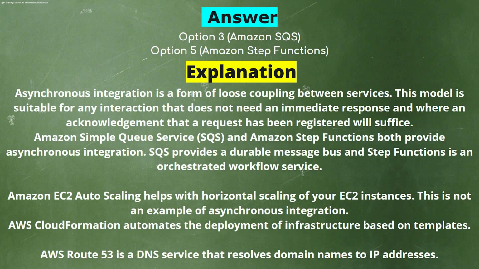SQS provides a durable message bus and Step Functions is an orchestrated workflow service. Amazon EC2 Auto Scaling helps with horizontal scaling of your EC2 instances. This is not an example of asynchronous integration. AWS CloudFormation automates the deployment of infrastructure based on templates. AWS Route 53 is a DNS service that resolves domain names to IP addresses.